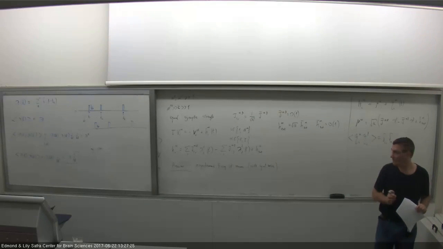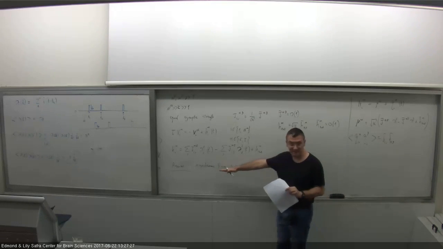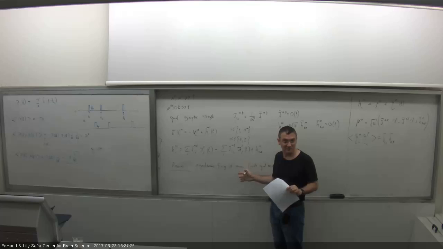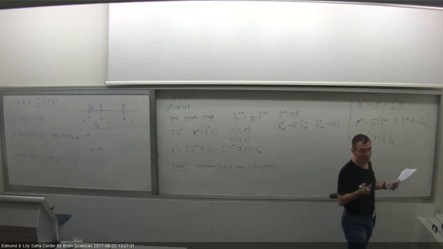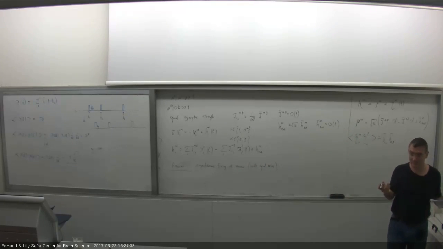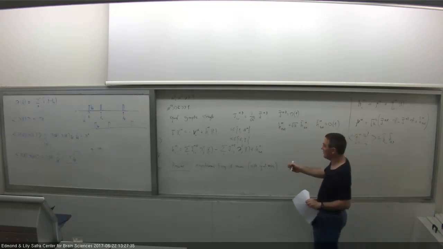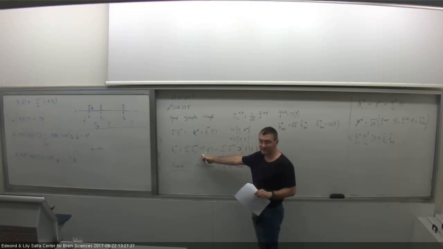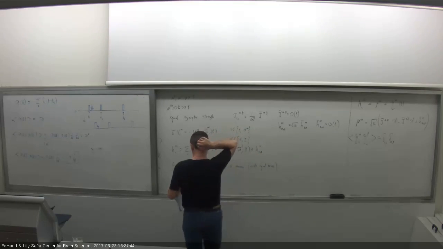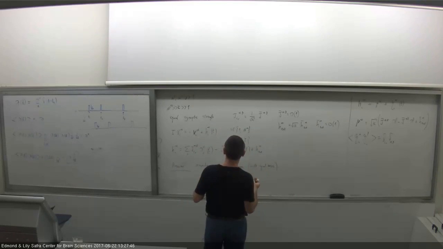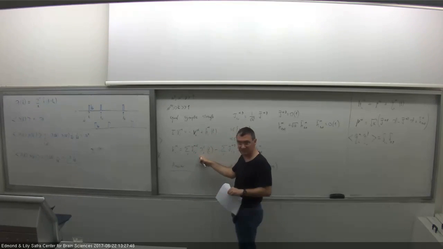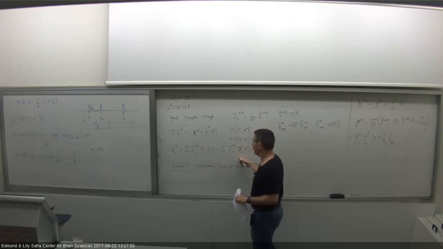You with me? So we assume that the network is asynchronous, meaning that the firing of neurons has no correlation. It's like Poisson. So this would mean that the correlation of this term with this term will be 0. So the only contribution would come from the autocorrelation of this with itself and this with itself.